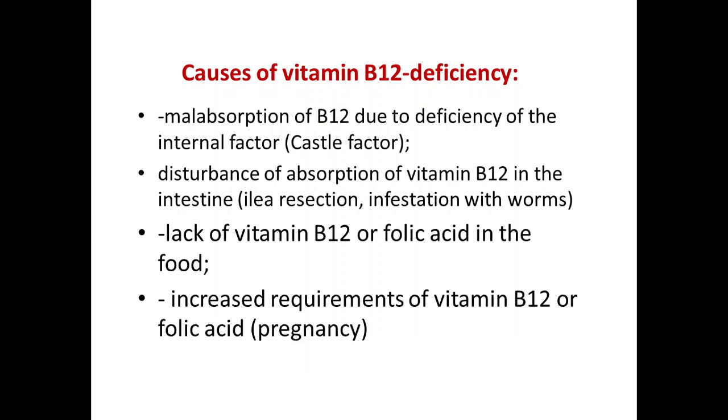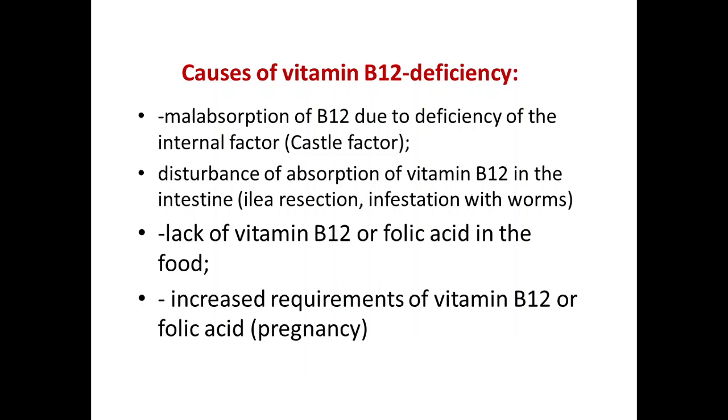The main causes of vitamin B12 deficiency anemia. These are malabsorption of B12 due to the deficiency of intrinsic Castle factor. The place of production of Castle factor is the stomach. Then, disturbance of absorption of vitamin B12 in intestine.